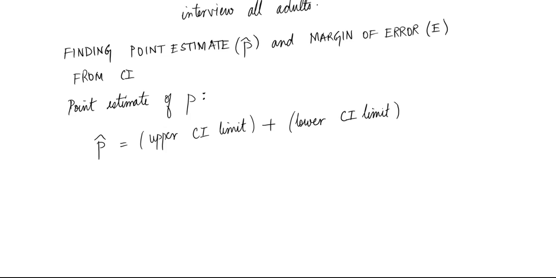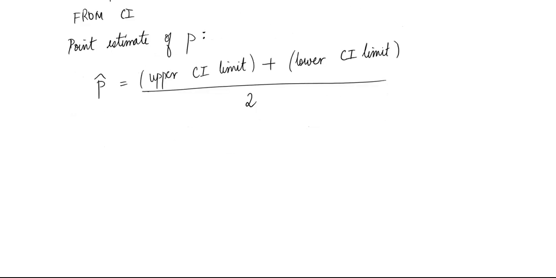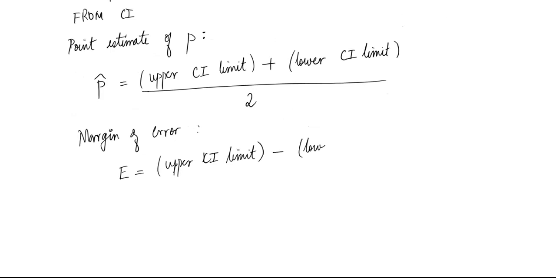This is very intuitive, actually, divided by 2, okay? And then the margin of error is capital E. That's the upper confidence interval limit minus the lower confidence interval limit divided by 2, okay?